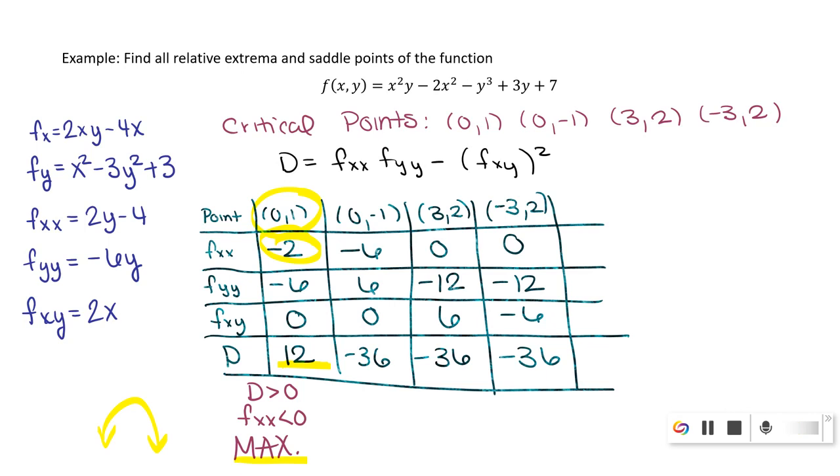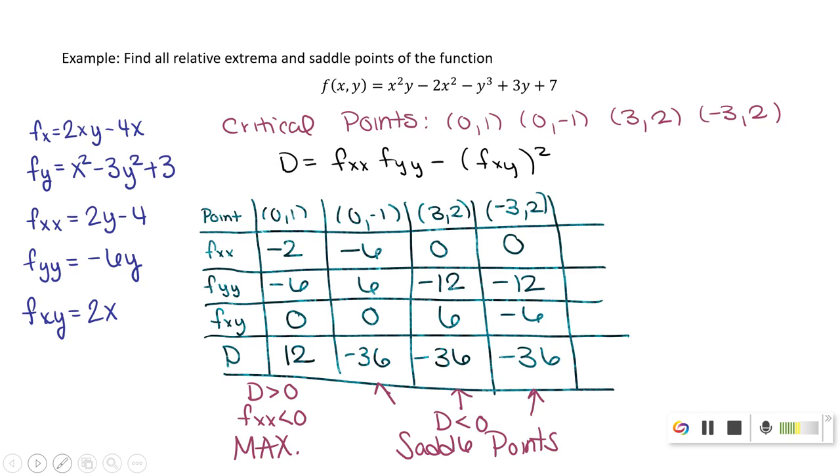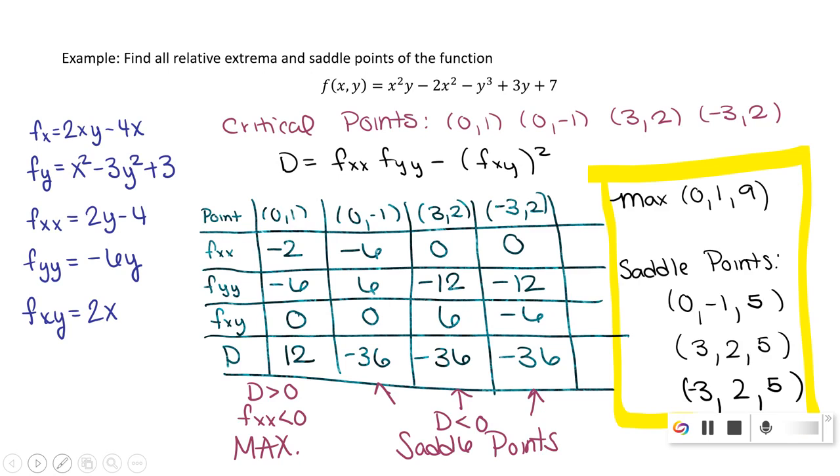So this is a max. So I have a local max at the point (0, 1). And then the rest of these points have negative D values. And anytime you have a negative D value, you actually have a saddle point. So the other 3 are saddle points.